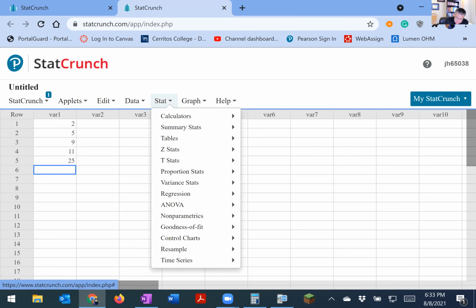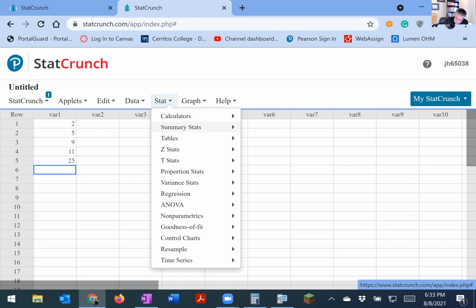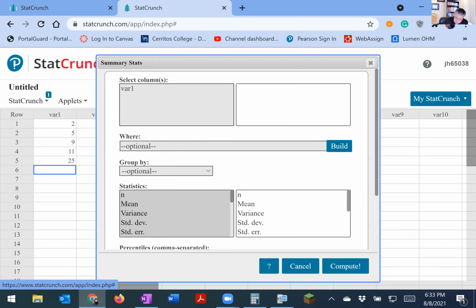And then again, we're going to hit the stats key, summary stats, and then columns. If I just calculate variable 1, it will only give me the sample standard deviation. That's what this standard deviation here says.